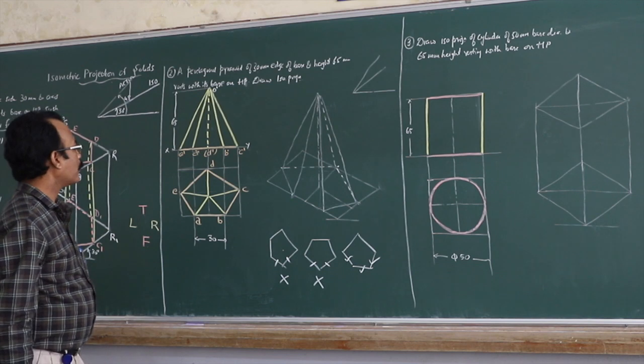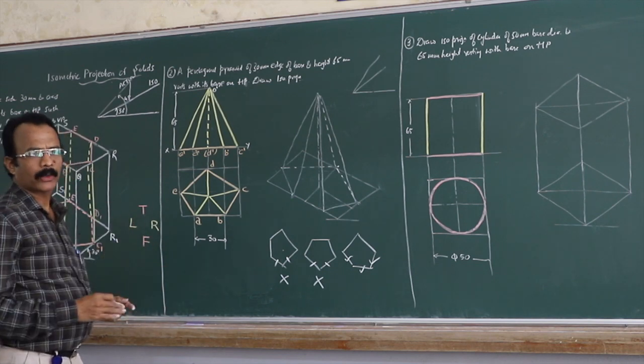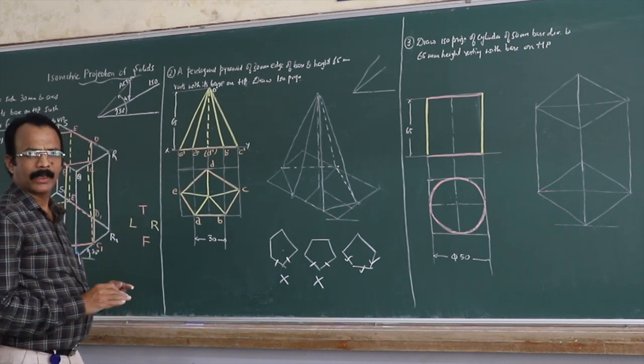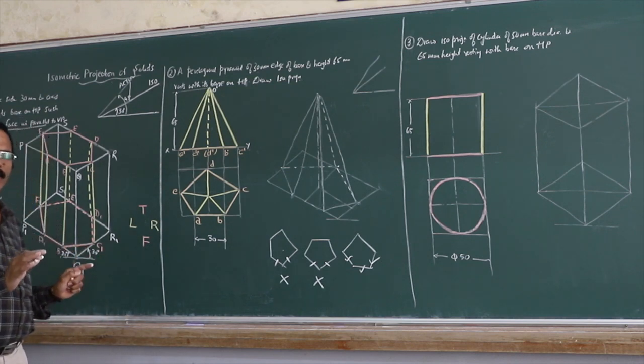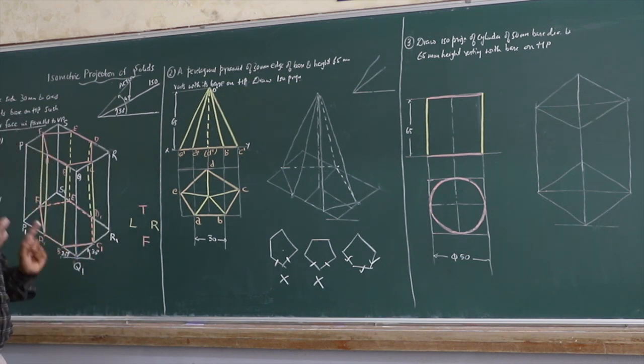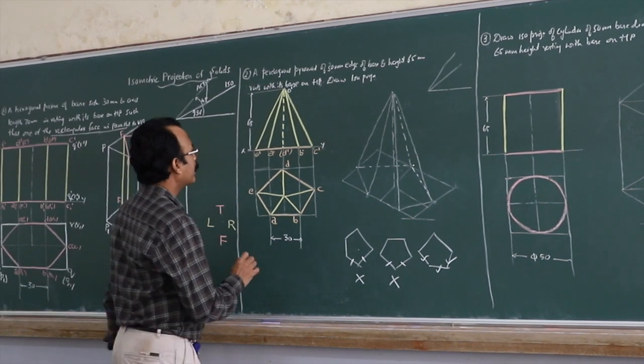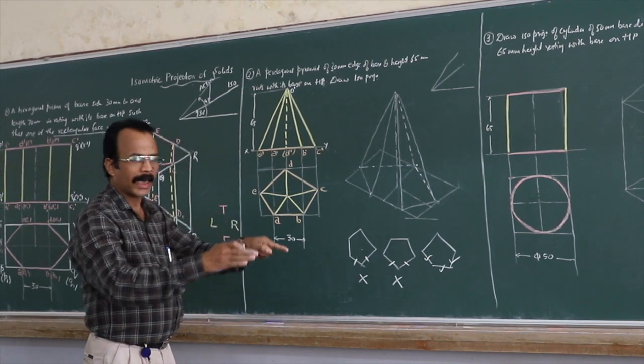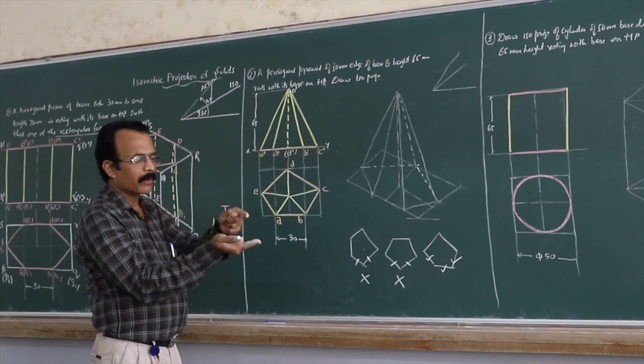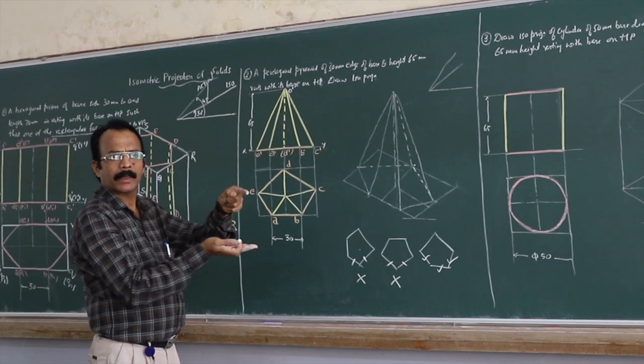Now again we have to enclose it in a box, right? Isometric projection is nothing but drawing the boxes and their respective polygon on that box. Here there is no need of enclosing the entire pyramid in a box. We are having only the polygon at the base.